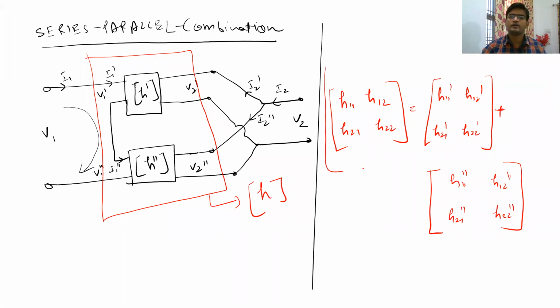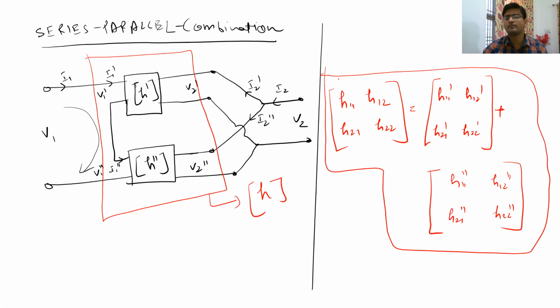So we are going to get a combination of hybrid parameters of these two series parallel circuits. So the final hybrid parameter will be equal to the summation of the individual hybrid parameters of these circuits, right? Because at input you have series and at output you have parallel.